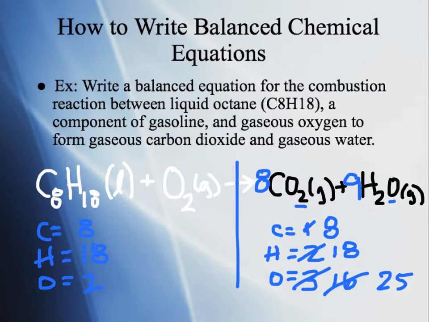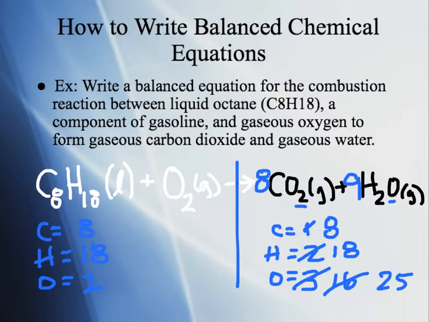Coefficients are always going to be whole numbers. So we're a little stuck because 2 times what equals 25? That would be 12 and a half, except we can't have half a molecule. When you're stuck like this and you've got everything else balanced, but you've got an odd number of one type of atom on one side and an even number on the other, what you do is just double everything, because that's how you make an odd number even.